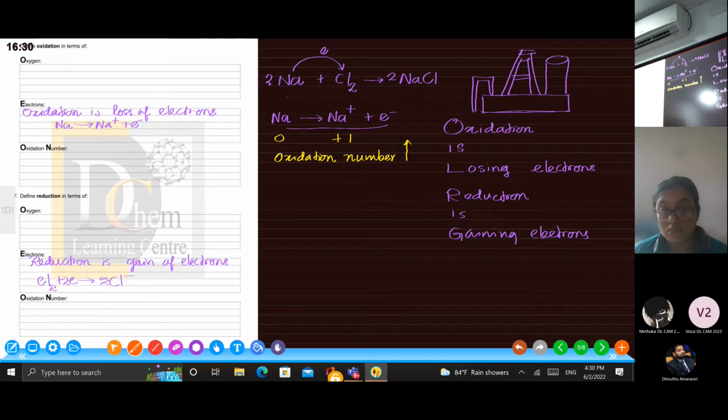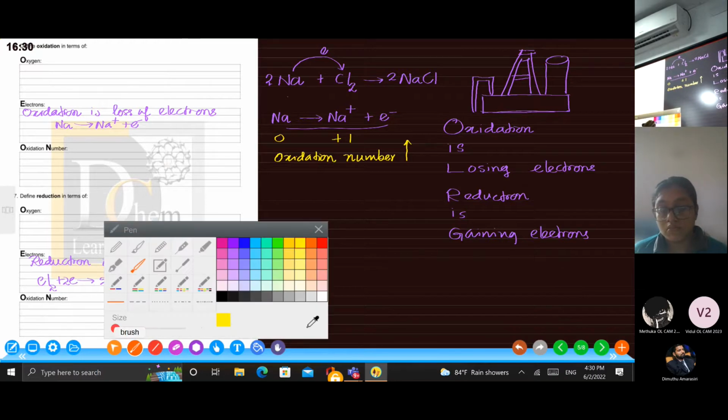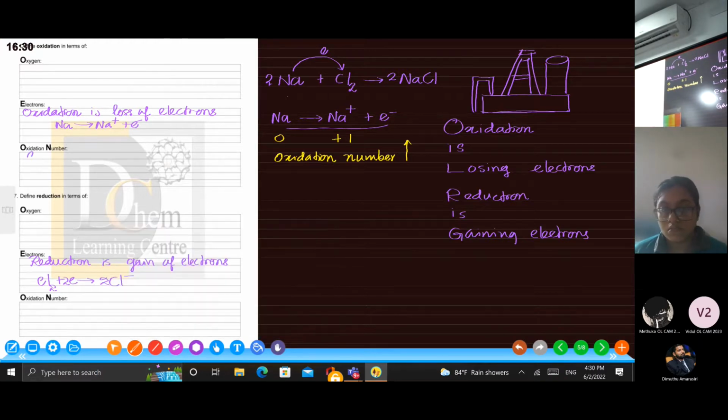And that is another definition for oxidation: in the oxidation process, the oxidation number increases. In covalent bonding, it's a compound, so we can find the oxidation number now. Find it and tell me.